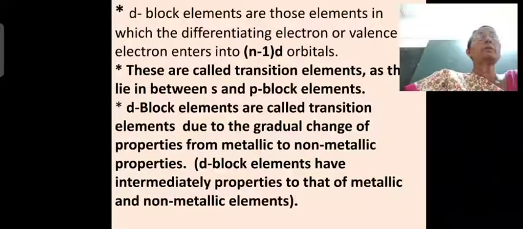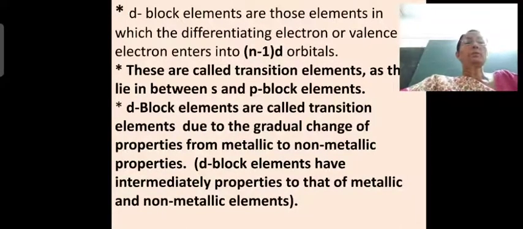For example, the noble gases, or gases like oxygen, fluorine, chlorine, bromine, iodine, etc. So you have a transition from metallic to non-metallic character. That's why they are present at the center of the periodic table, that means in between S and P block, correct?